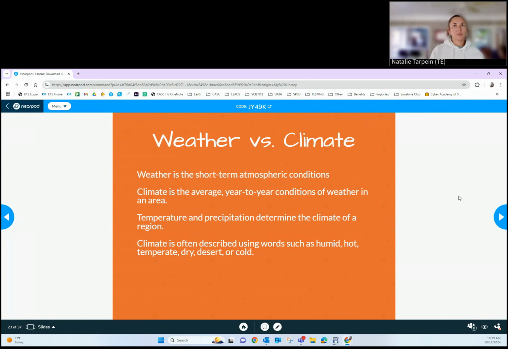And on average, we receive, I don't really know how much, but we'll just say 3 inches of rain per month. So some examples here. Climate, we said that. Often described using words such as humid, hot, temperate, dry, desert, or cold. Temperature and precipitation determine the climate of a region. Those are the two main things.